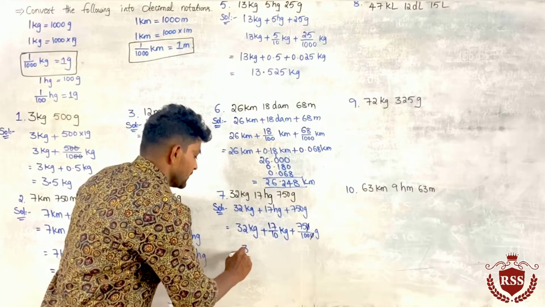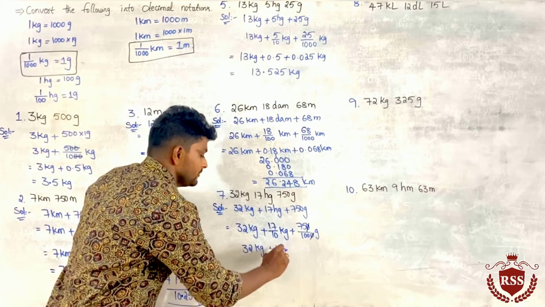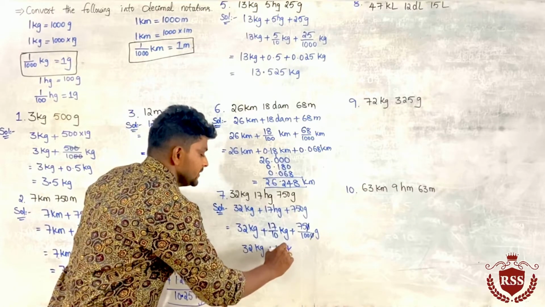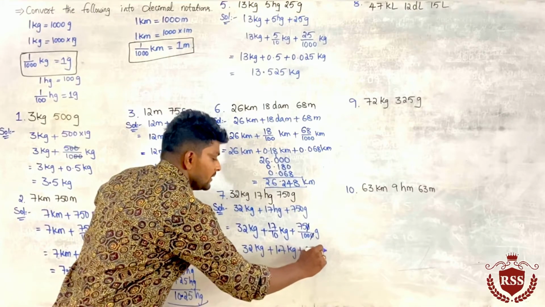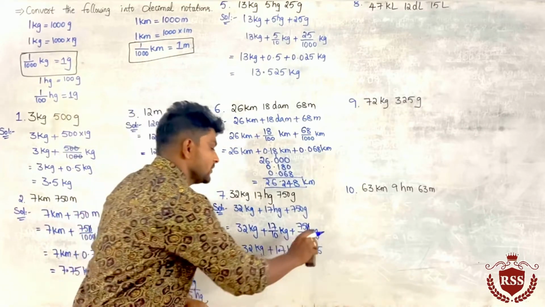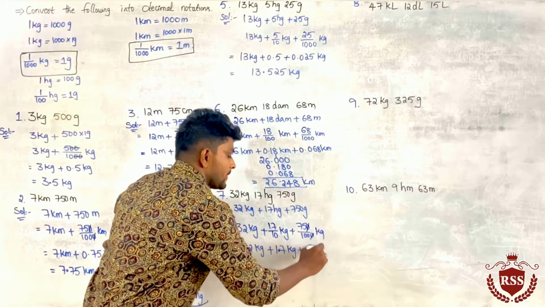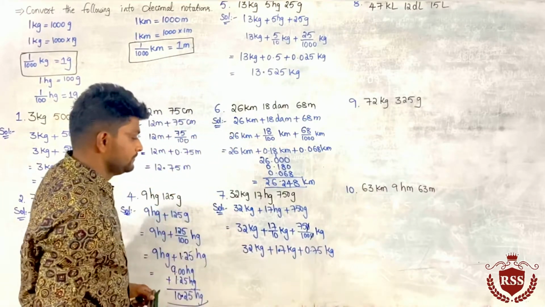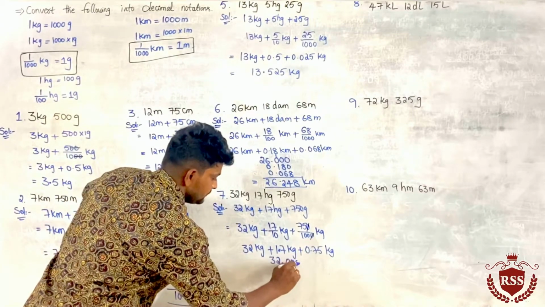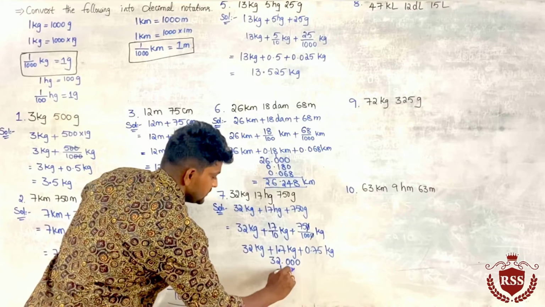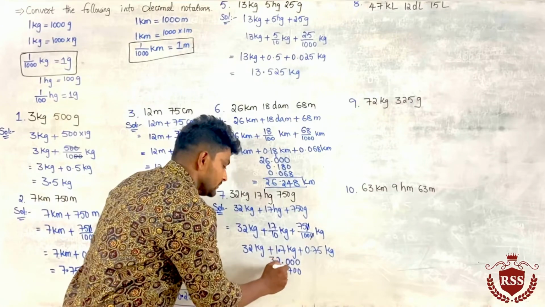So what is the value here? 32 kg plus 1.7 kg plus 0.75 kg. If we add that: 32.000, 1.700, we can put zeros after the decimal point, no problem for that.